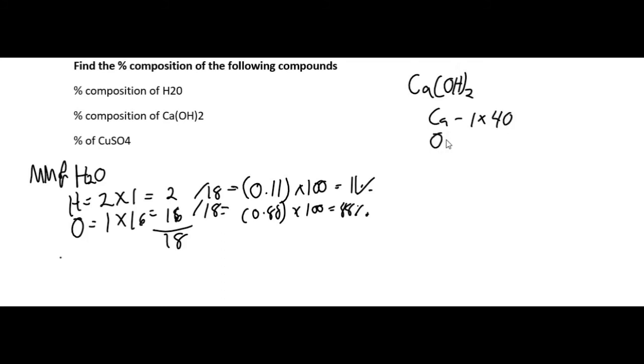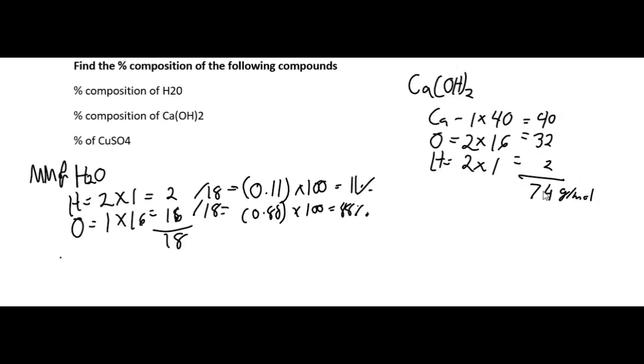And then oxygen, we have 2 oxygen, so 2 times 16. And then 2 hydrogen. There you go. So 40, 32, and 2. So that's 74 grams per mole.